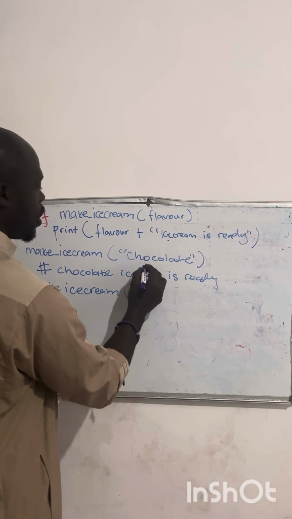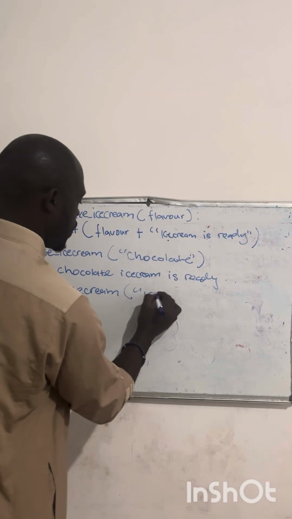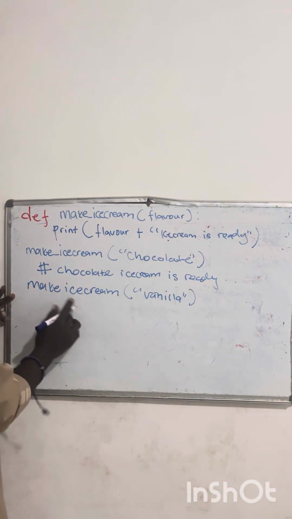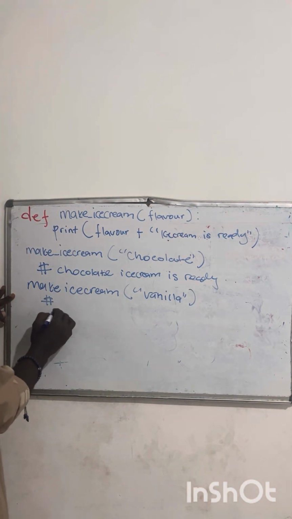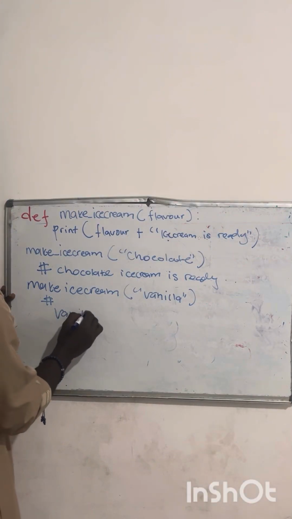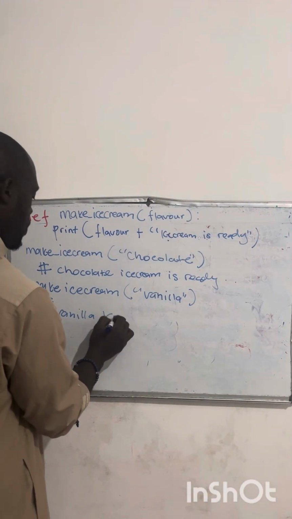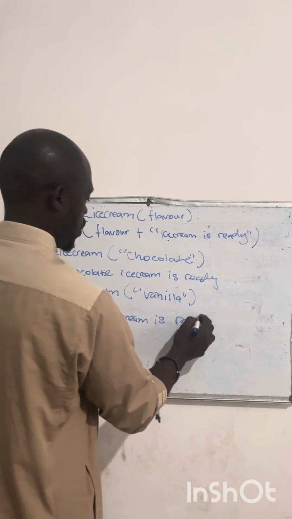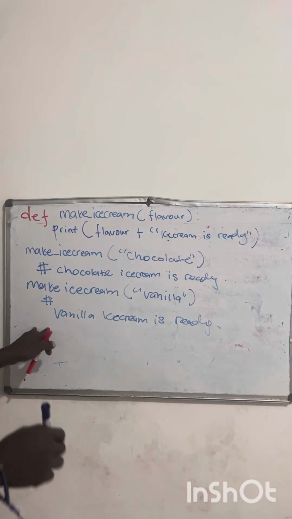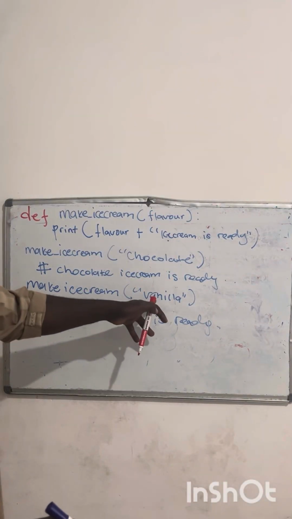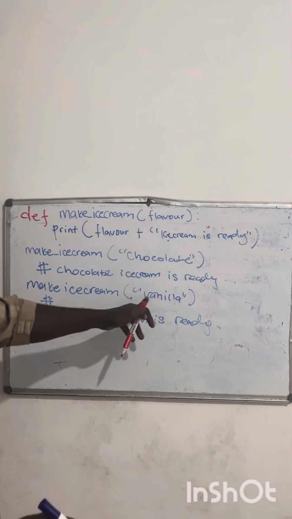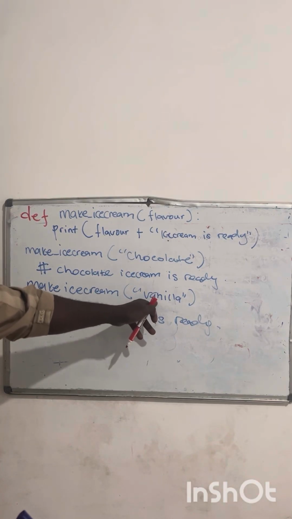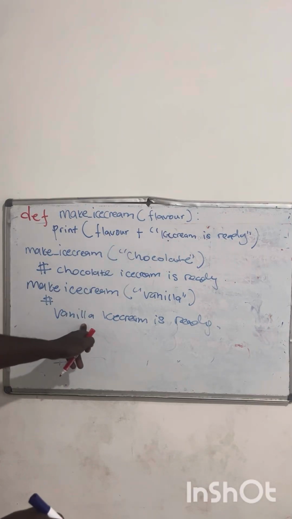For example, instead of chocolate you can pass vanilla, and here the result will be vanilla ice cream. Vanilla ice cream is ready. Okay, so whichever flavor that you pass inside the parentheses at function calling is what the function will print.